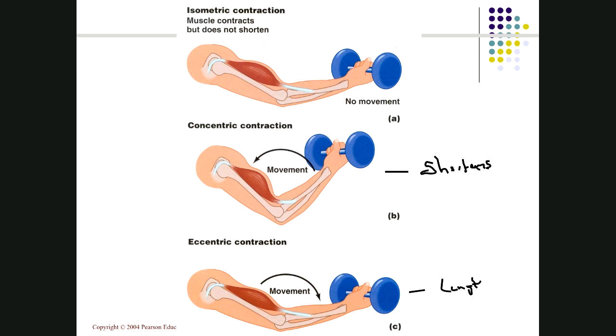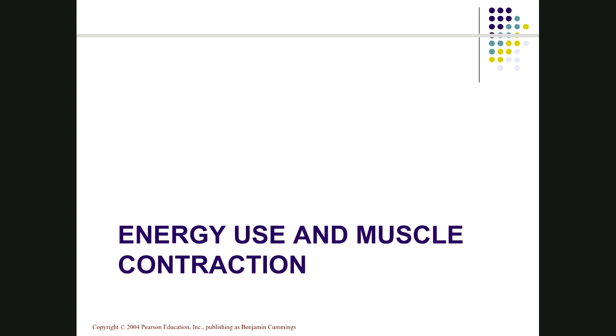But I'm still requiring whatever this weight, 25. If this is 25, I still require 25. Even though I'm putting it down, I'm still using 25 pounds of tension. Any questions about that?